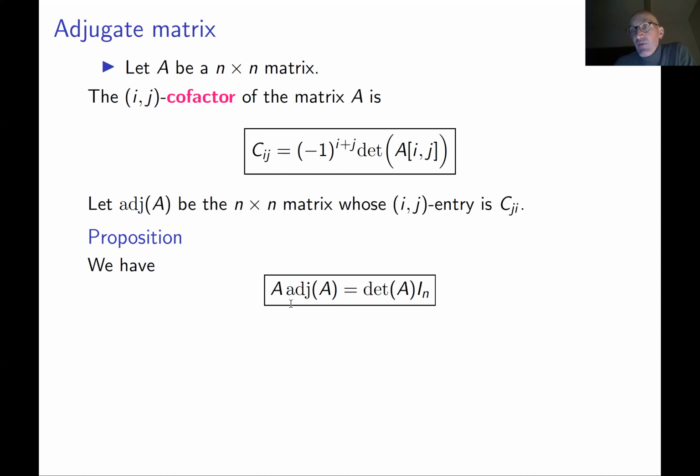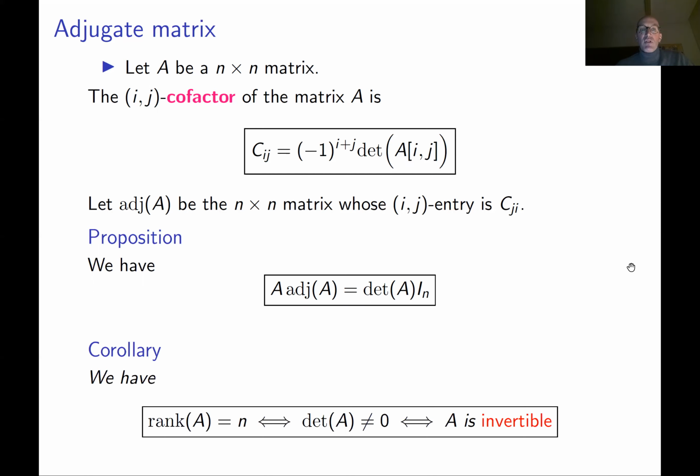This basically gives you the recipe for how to find the inverse of a given matrix. You just compute all cofactors, put them into an n times n matrix, transpose, and you get the adjugate matrix. Then you use this identity: you just have to divide the adjugate matrix by the determinant of A, if the determinant of A is not 0. If the determinant of A is 0, you get something like this, and we already know that the inverse of matrix A does not exist.